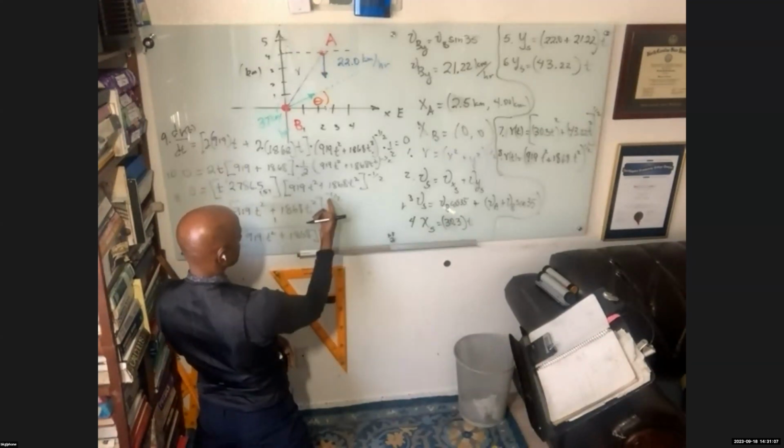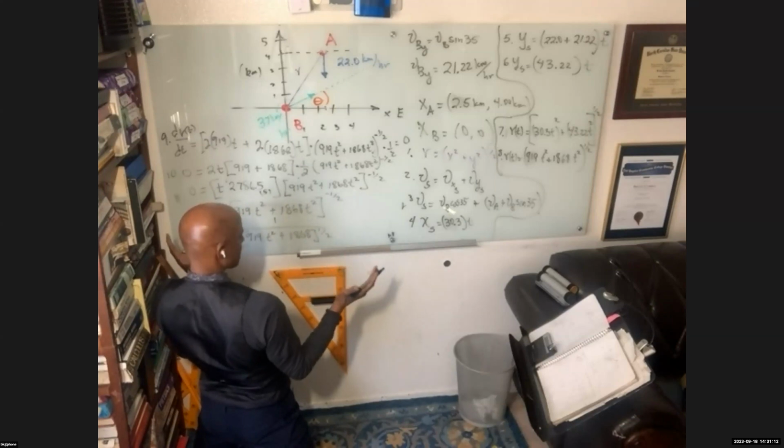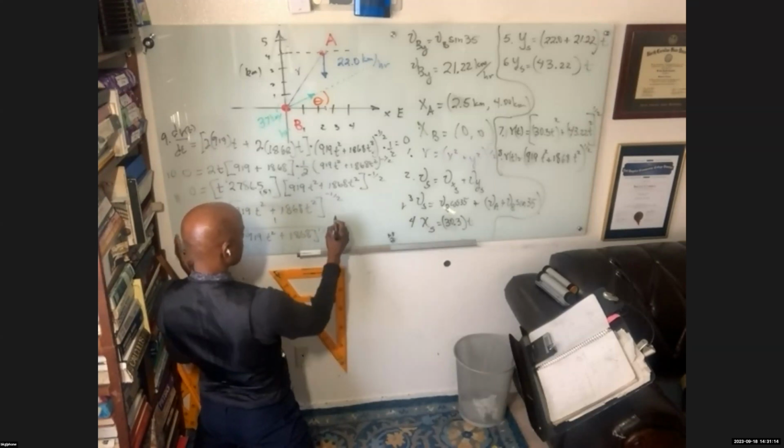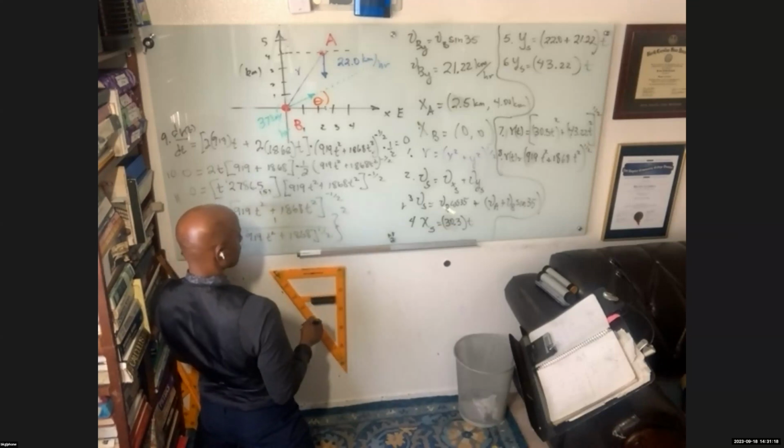I can do that because it's to the minus 1. Now I can square both sides, right? I can square the whole thing. That's just 0 still.